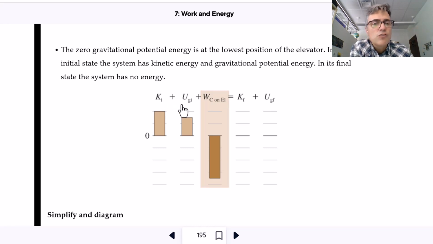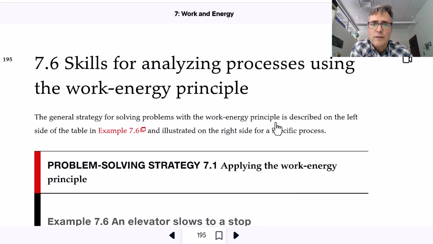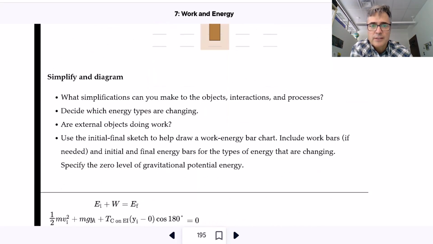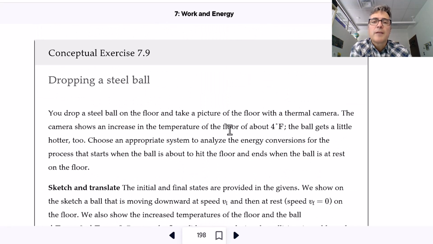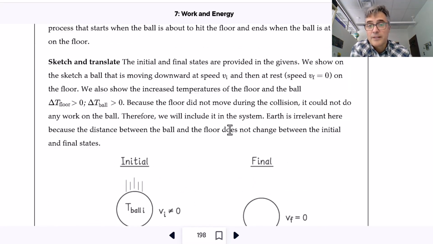It's a similar structure of equation, but now we're talking about energy, so different units, and it's not a vector anymore, so it's actually easier. You've got initial energy plus the work equals the final energy. That is what is called the work energy principle. And so this section 7.6 is just a lot of examples. As usual, I recommend that you read through the entire section.